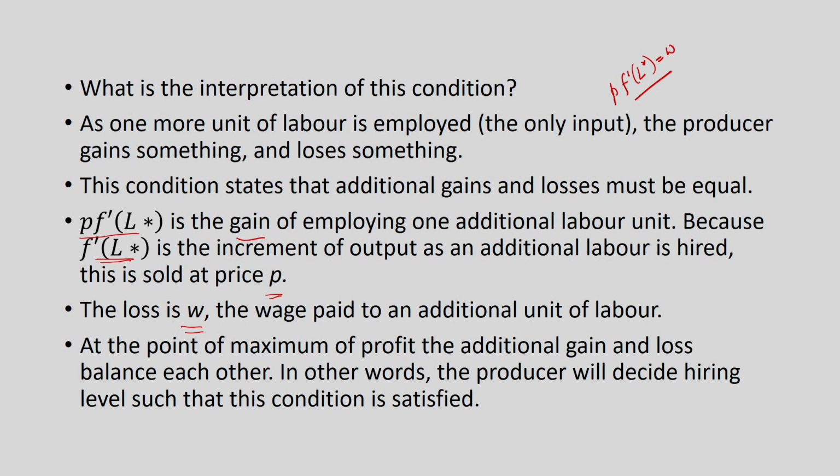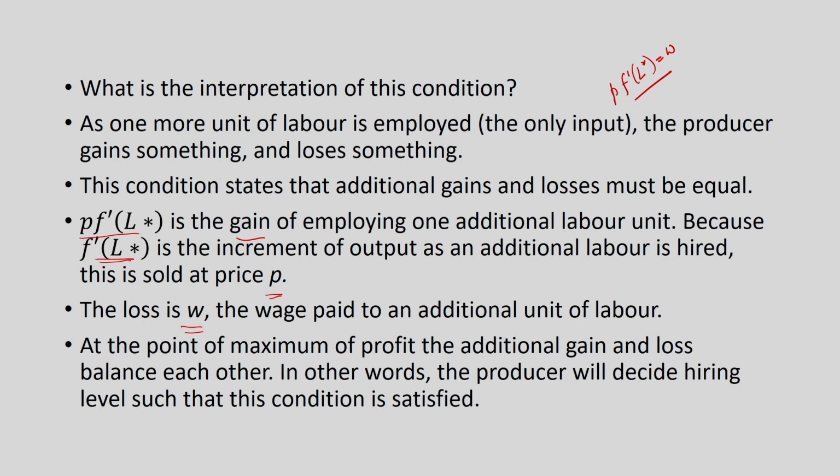You are employing one more unit of labor and the cost of labor is W. So, you have to deduct that. At the point of maximum profit, the additional gain and loss balance each other. In other words, the producer will decide the hiring level such that this condition is satisfied.